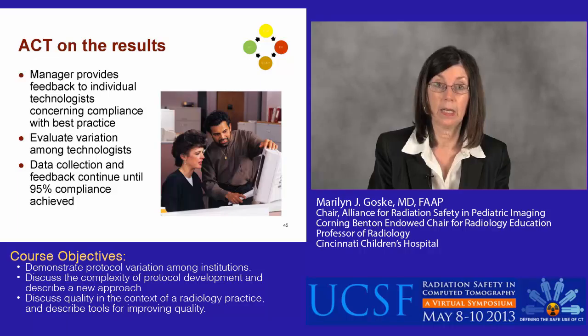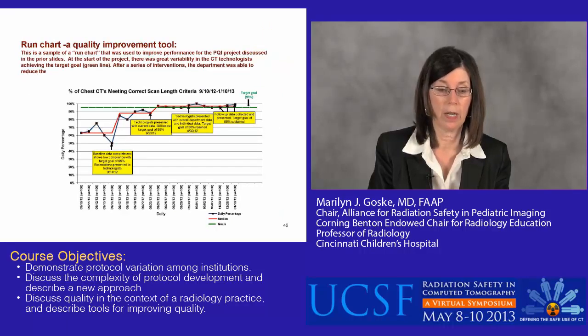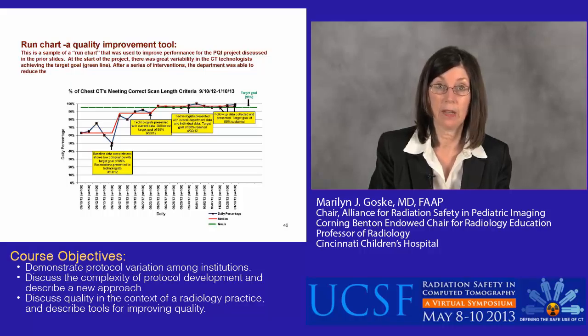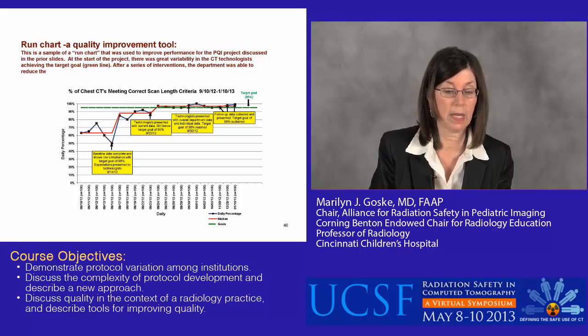And then finally, he developed this run chart that shows initially the variability. They developed a target level. They wanted all technologists to hit 95%, having their scout view be within the certain levels from the apices to the diaphragm that they had set up.